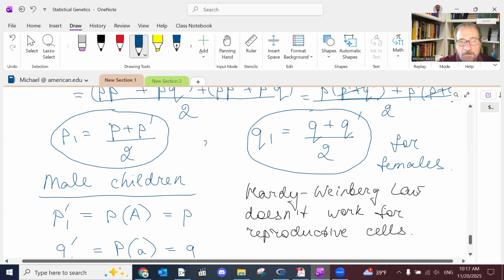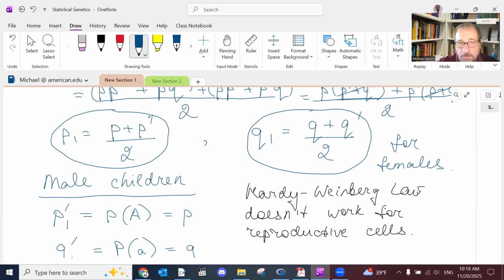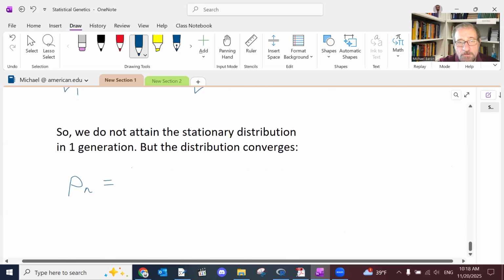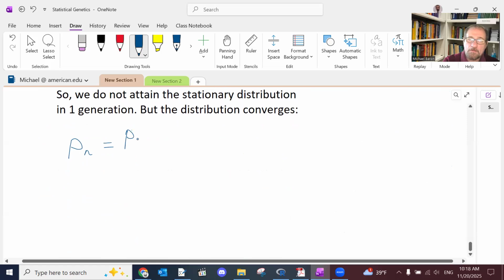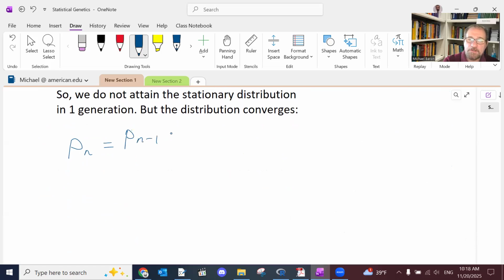Averaging the proportion of dominant genes in the mother and in the father population. So it will be the probability in the previous generation plus probability in the previous generation of males over 2. And what is this? That's, which I discussed, the proportion of dominant genes in fathers is proportion of dominant genes in their mothers, in grandmothers of children in generation N.